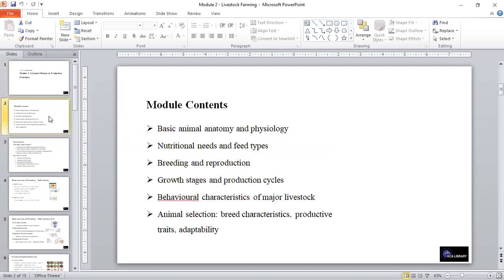We'll be considering the basic animal anatomy and physiology, also nutritional needs and feed types, breeding and reproduction, growth stages and production cycles, behavioral characteristics of major livestock, and lastly, animal selection, which involves breed characteristics, productive traits, and adaptability.